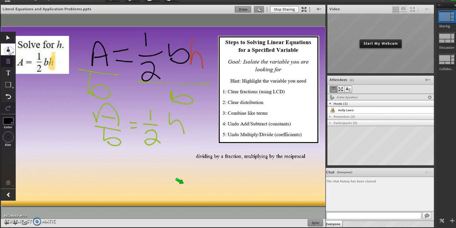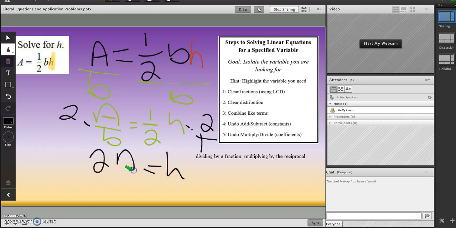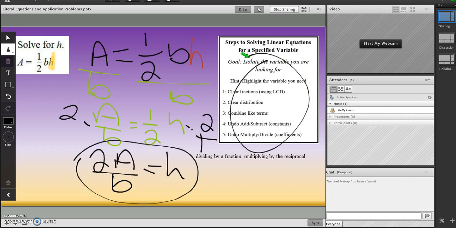So I'm actually going to multiply by 2 over 1, which is just 2. So I get H equals 2A over B. It's okay if you don't fully understand. It's just about manipulating the variables and working within the confines of rules, because that's everything in life is rules, and learning to work within these rules. And the most valuable thing about math is learning to think logically.